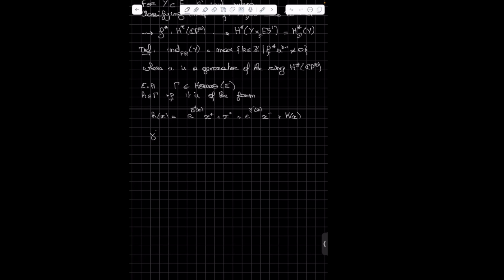So gamma plus and gamma minus are maps from H1/2 to R. I want them to be continuous, S1 invariant, and I want them to map bounded sets to bounded sets.